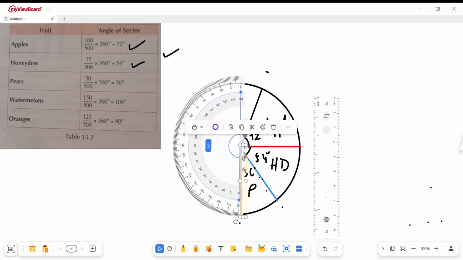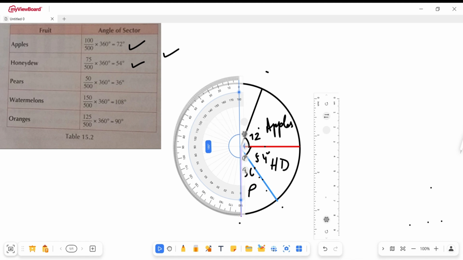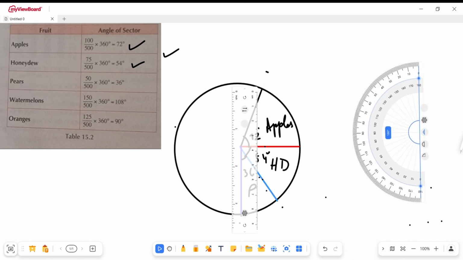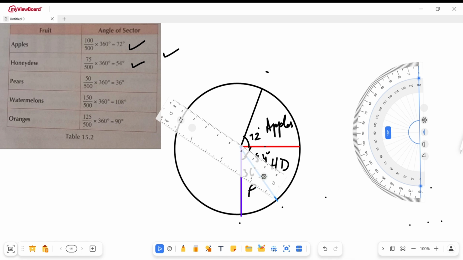A little bit needs to be hidden, like this. It says 108, so 108 from 0 degree. Check the inner scale. 108 is an obtuse angle, so 108 is somewhere here. This is 108. Now take the scale from here to the center of the circle and join it.